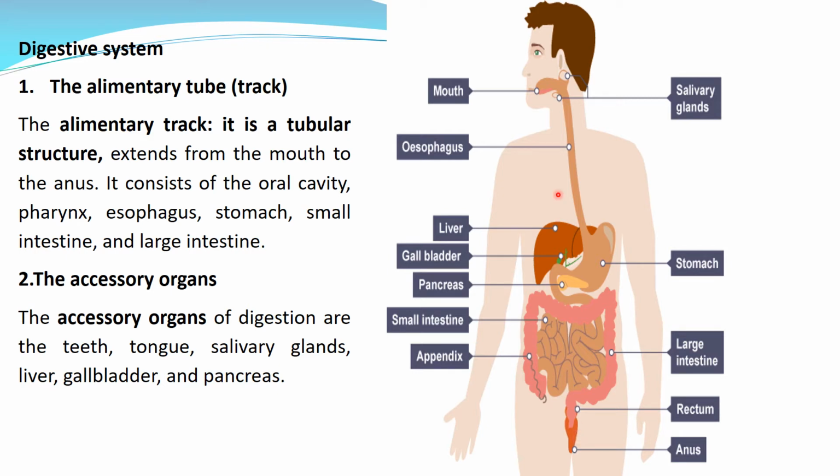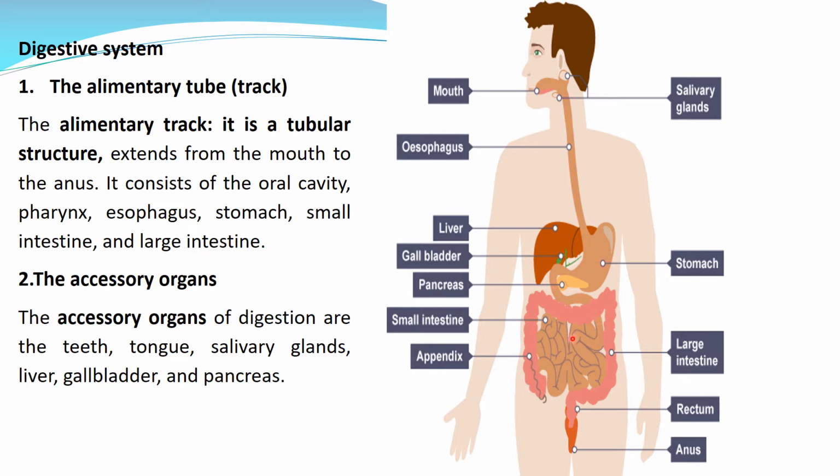So it is made of the oral cavity, pharynx, esophagus. What we have here is the stomach, then small intestine.